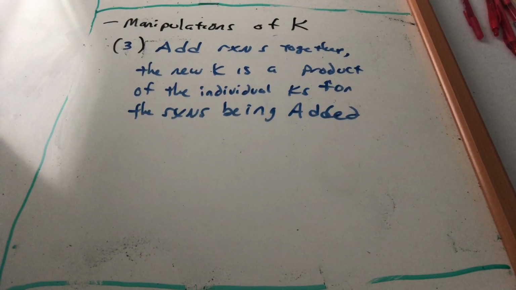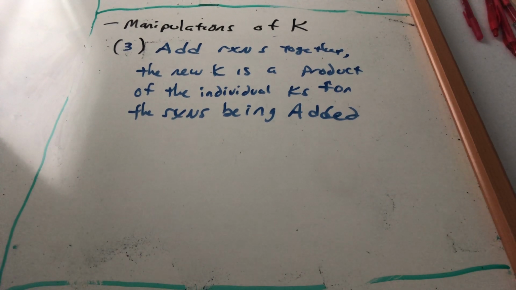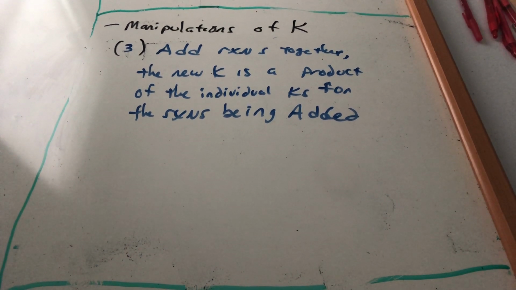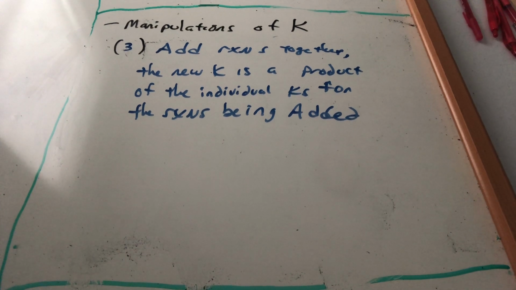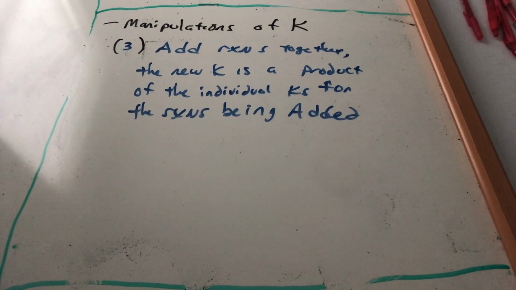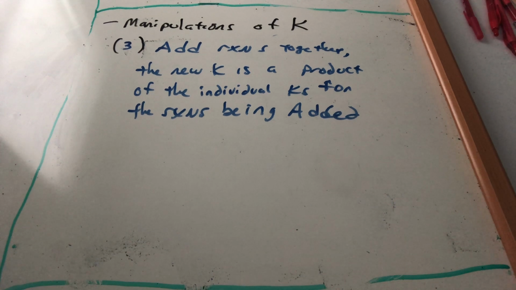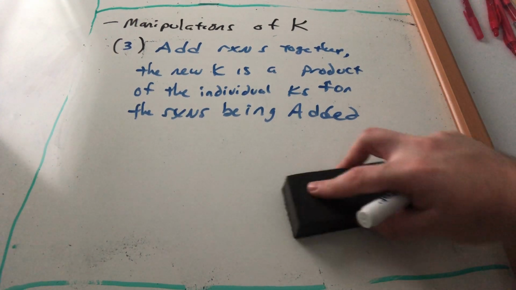So when you add reactions together, the new K that you get for your total reaction is a product of the individual K's for the reactions being added, right? So when I say it's like Hess's law, we're kind of building reactions from other reactions, but how it's different than Hess's law is you have to remember to multiply the things together.